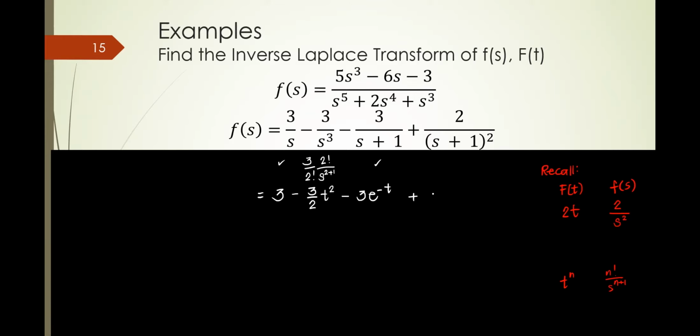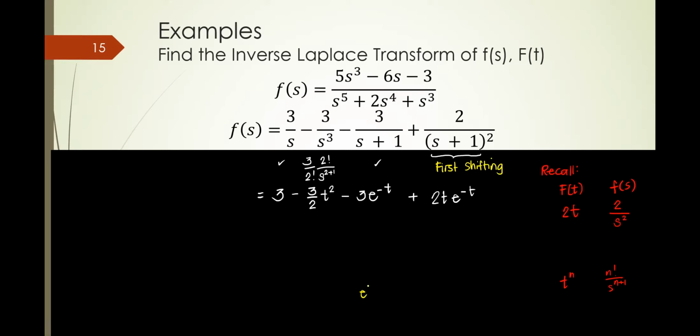I don't need the 2 yet. That one is similar to the one I gave you. That is basically 2t. However, there's an s plus 1. That's actually the first shifting theorem. This one. Diba?